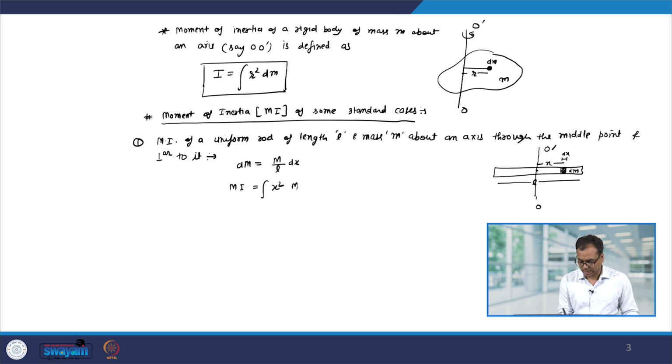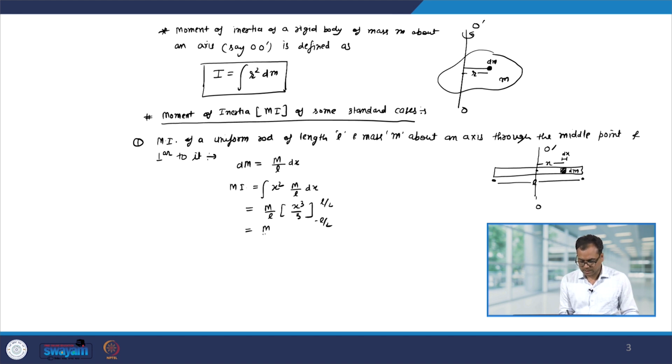Now, the moment of inertia will be integral x square dm. So, dm is m by L dx. Okay. So, here m by L I can take outside and the integral of x square is x to the power 3 divided by 3 and the limits are from minus L by 2 to plus L by 2. So, this point is minus L by 2 and that point is plus L by 2.